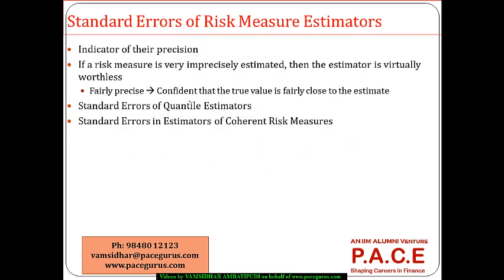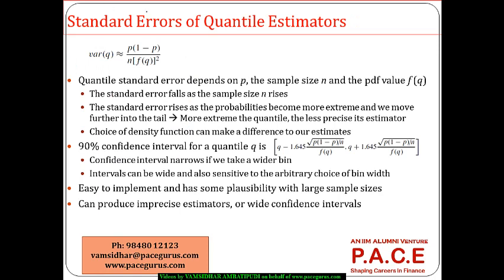Now, when it comes to this quantile estimator like value at risk, if I assume that Q is the value at risk, some percentile, let's say 95% confidence value at risk, depending on the sample that I choose, the value at risk is going to change. So this is where I am trying to find out the range in which the value at risk is going to vary.